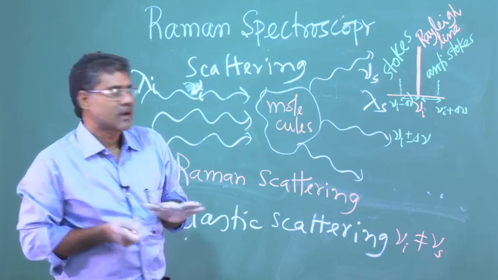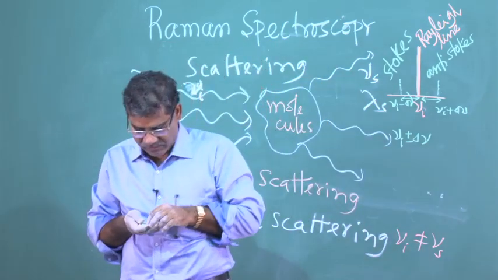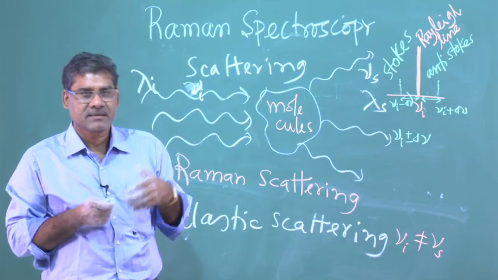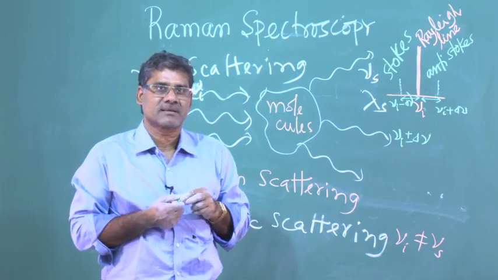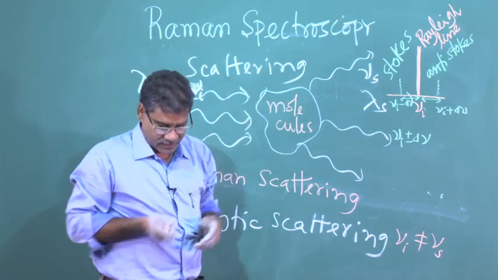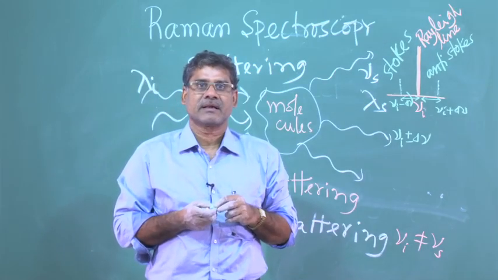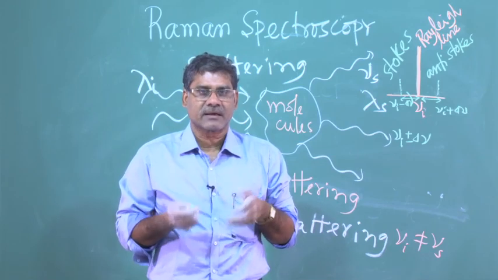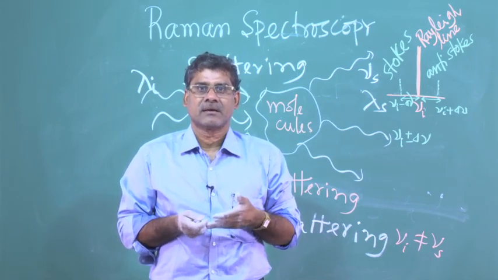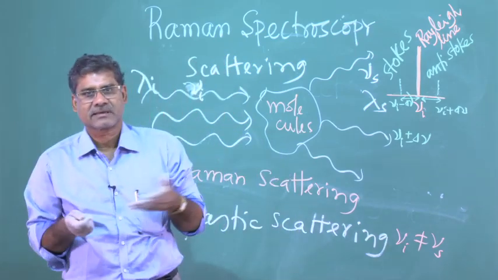So, Raman spectroscopy is related to molecular spectroscopy. It is now a very useful research tool to study different kinds of molecules, their vibrational and rotational structure, and also solids and others.